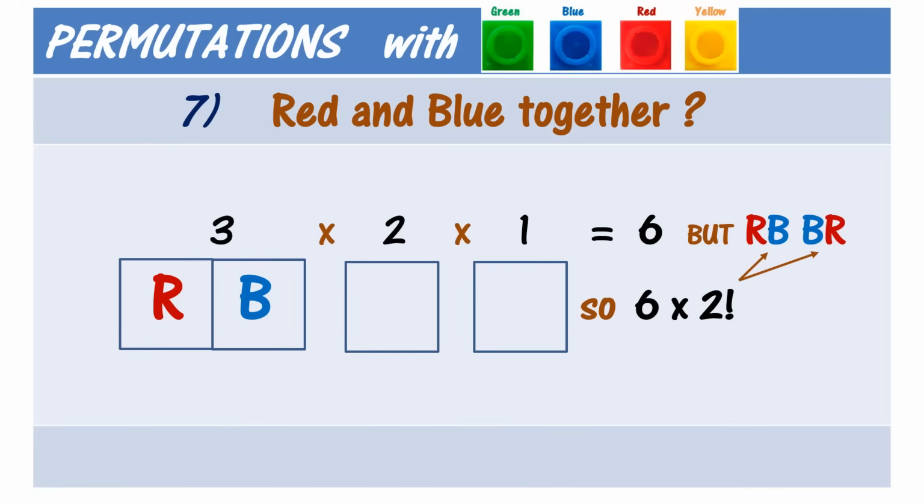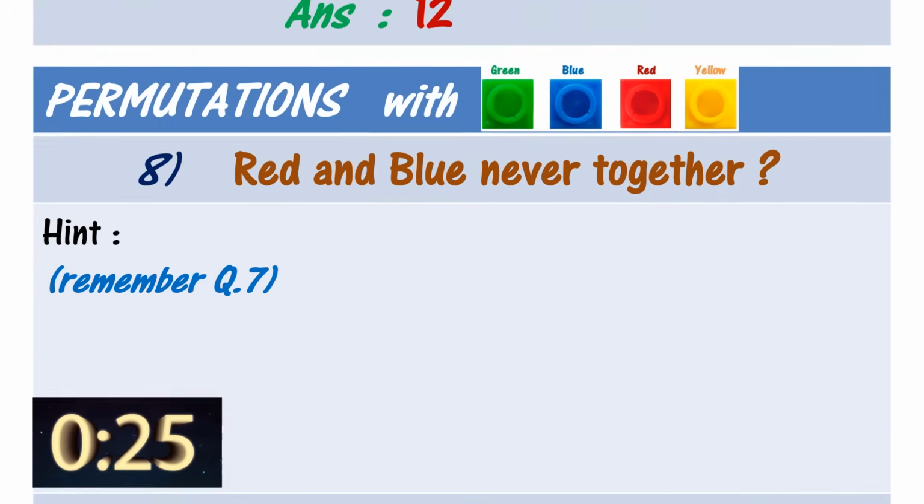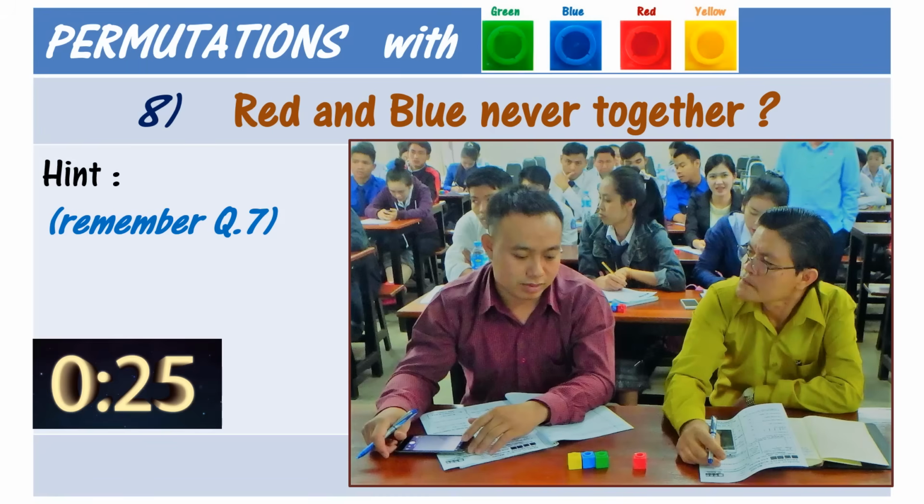It will be 3 factorial. But what we've taken together, the red and the blue, can also be blue-red. So we must multiply by 2 factorial. 3 factorial by 2 factorial is 12. Next question. Red and blue never together. Well, in question 7 we worked out red and blue together.